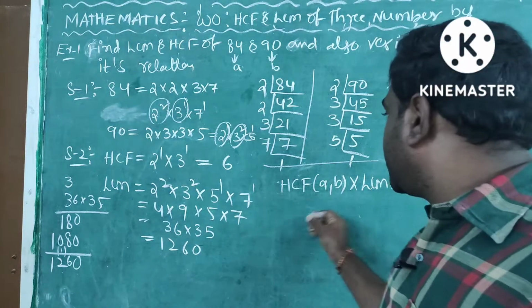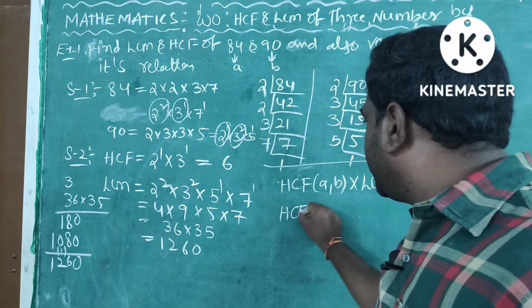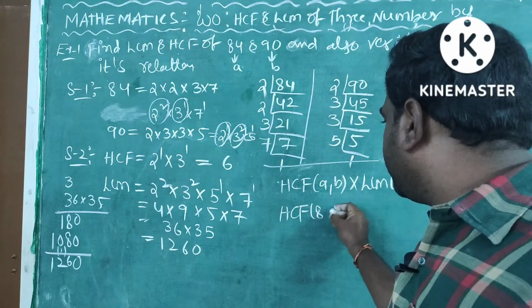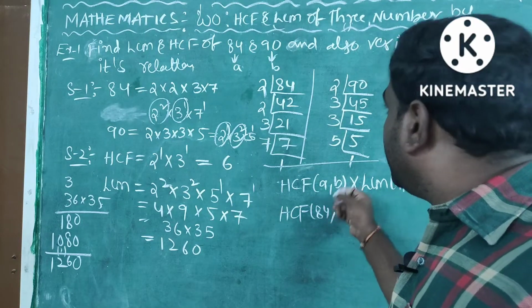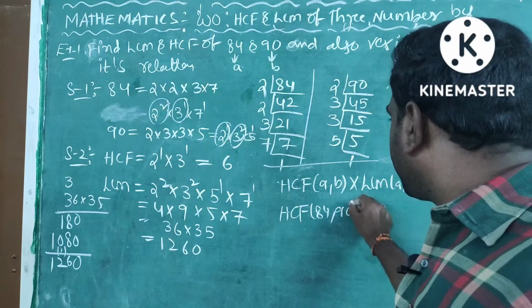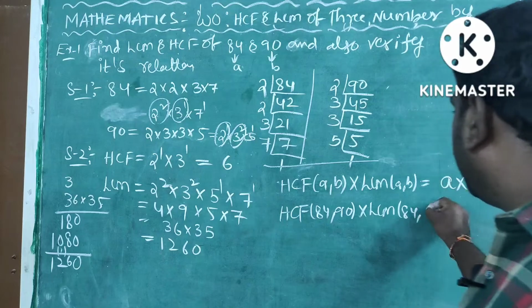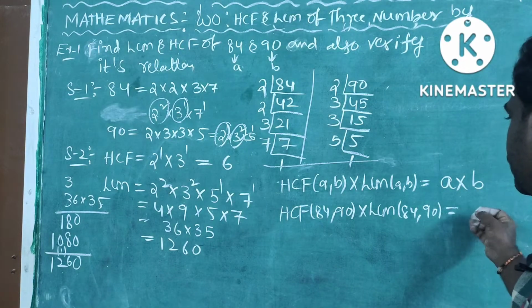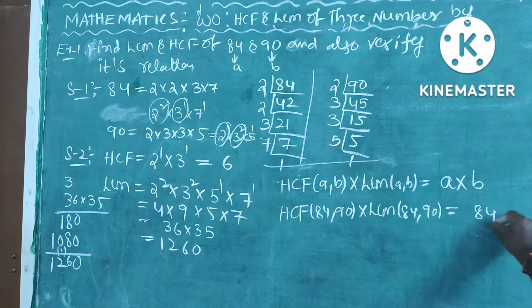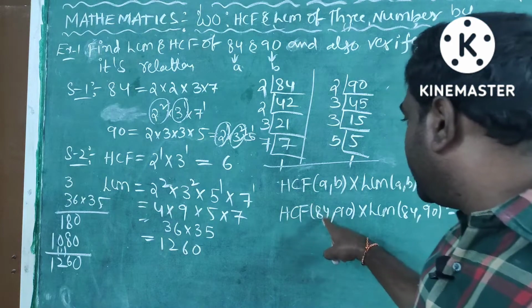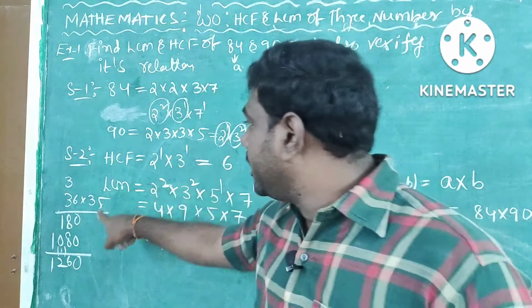Now the HCF of 84 and 90 multiplied by the LCM of 84 and 90 is equal to the 2 numbers, 84 multiplied by 90. The HCF of 84 and 90, how much did we get, children?